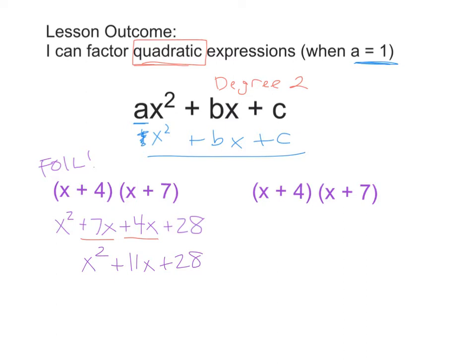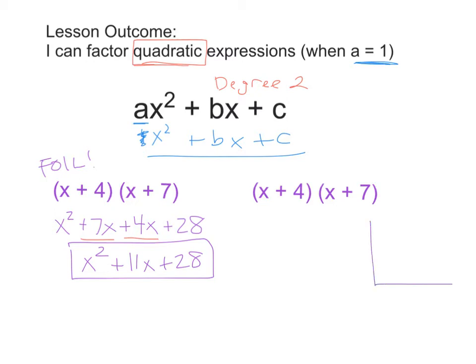Now what you should probably notice here is that what we just got is a quadratic expression. It looks just like this right here. Our leading coefficient is a 1 because there's no number right there, because 1x times 1x is 1x squared. We didn't have to write that. And then we have a number here in front of x, and then we have a constant over here. So here's a quadratic expression we arrived at after foiling this problem.